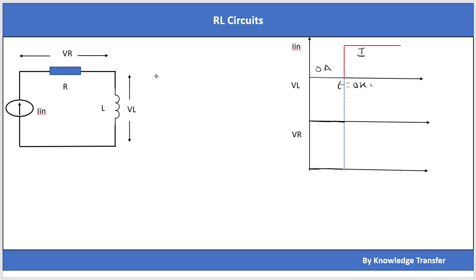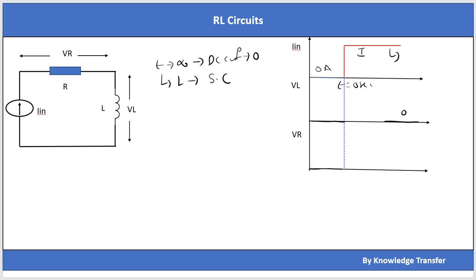So we know that when t tends to infinity, this is a DC current. So frequency is equal to 0 hertz, so the inductor acts as a short circuit. So I can replace the inductor at t tends to infinity with a short circuit.